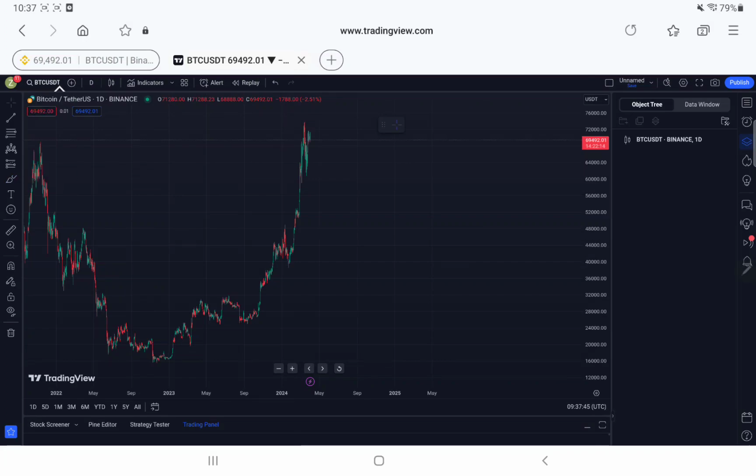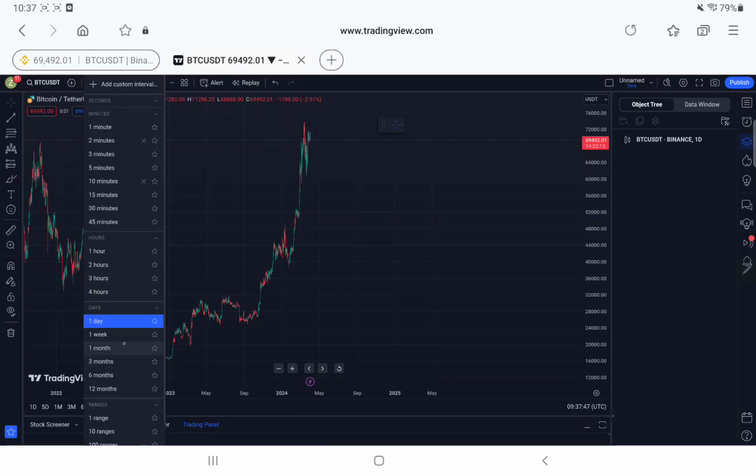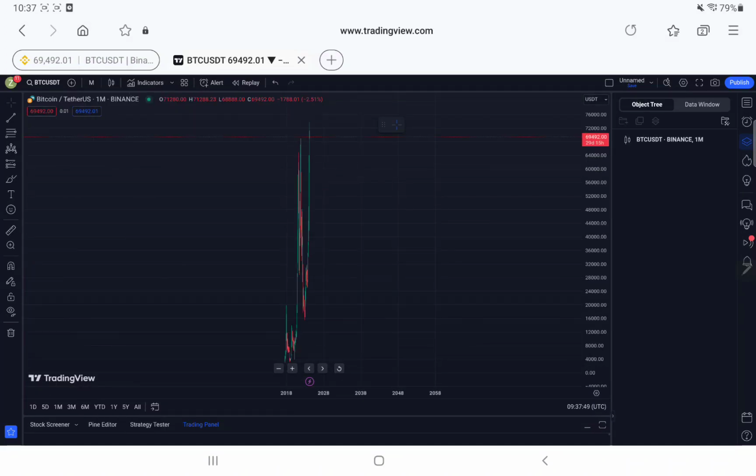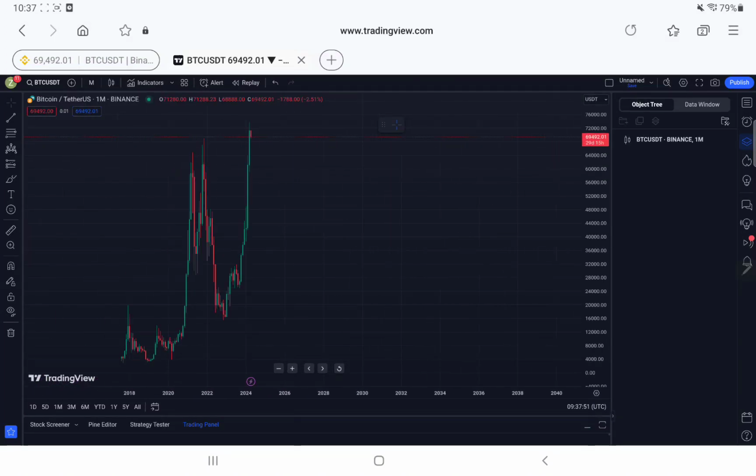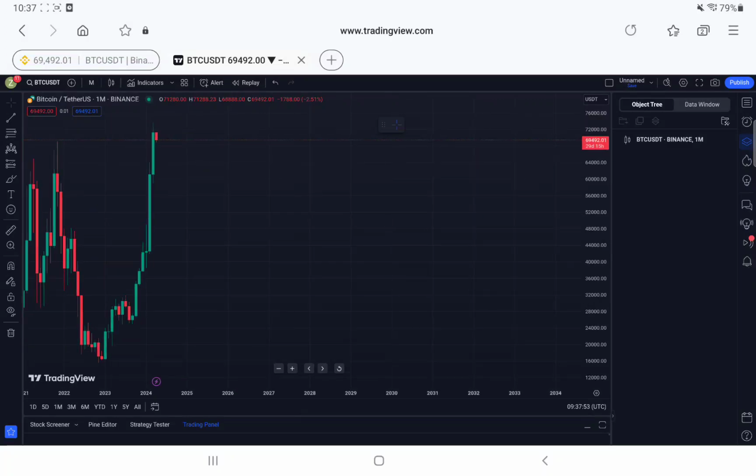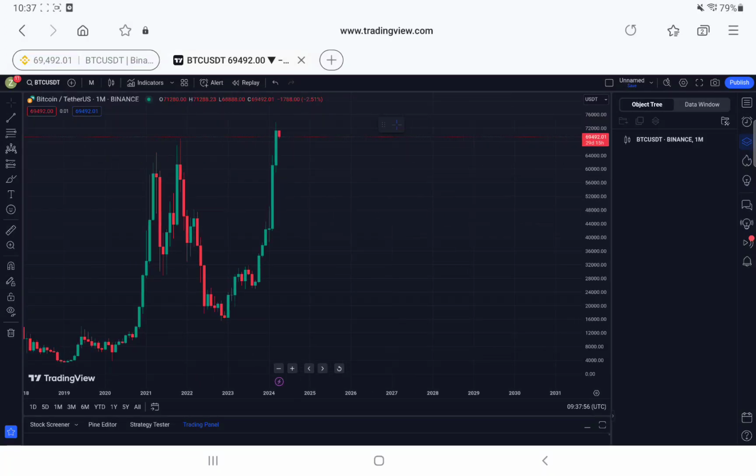One other thing to keep in mind is be wary that on this monthly chart, now I want you to take a look at this, right? Let's just count candles here. 1 monthly candle green, 2, 3, 4, 5, 6. 1, 2, 3, 4, 5, 6, 7.